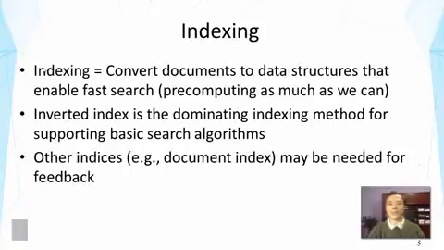Sometimes other indexes, for example, a document index, might be needed in order to support feedback. Like I said, this kind of techniques are not really standard in that they vary a lot according to the feedback methods.